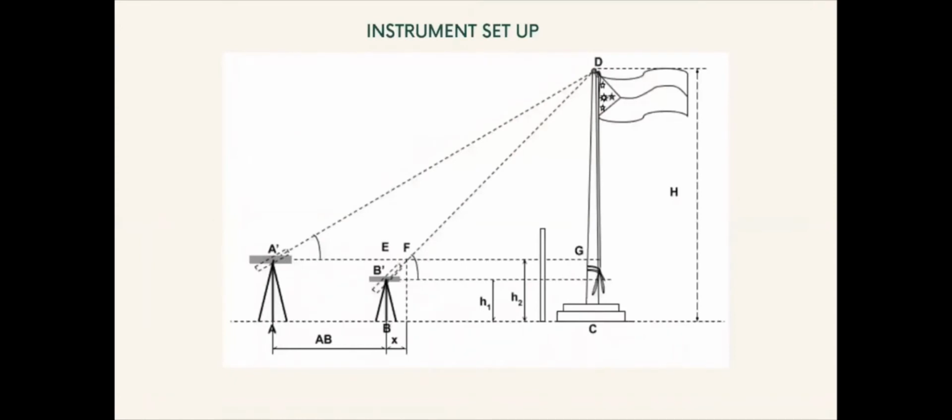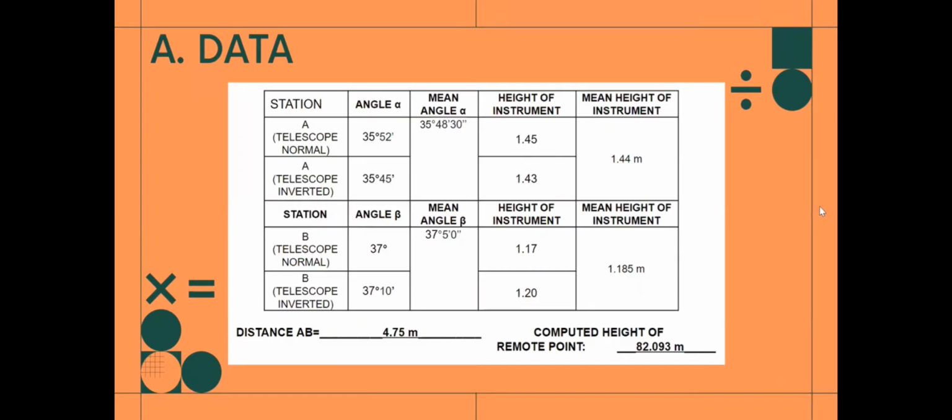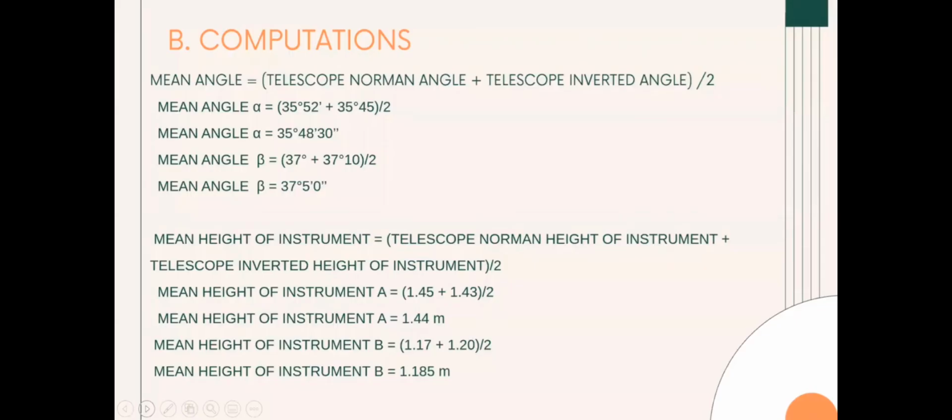So here is the instrument setup used to conduct this field work. We have the following given data: angle A and angle B, the height of instrument A and the height of instrument B, as well as the distance AB being 4.75 meters. To find the mean angle, it is very simple. We simply need to add the two given or recorded data and divide them by 2.